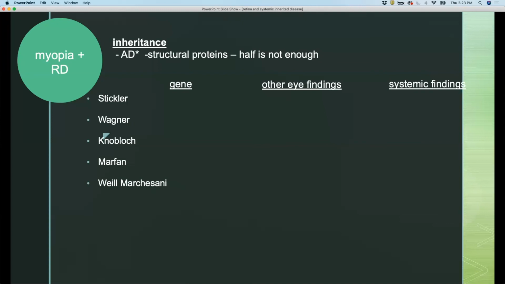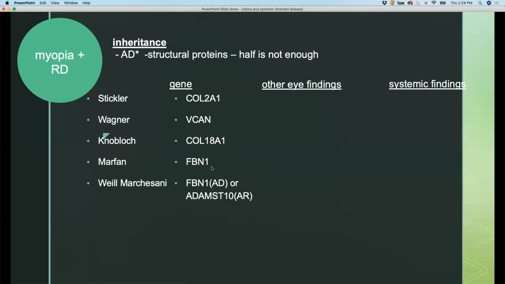Wagner is caused by mutations in versican, the gene for which is VCAN, another structural protein at the vitreoretinal interface. Knobloch is collagen type 18, which I think is also at the vitreoretinal interface.